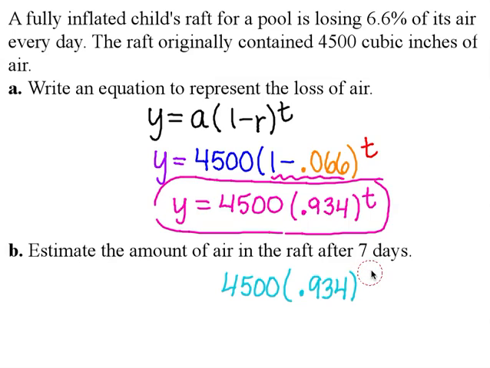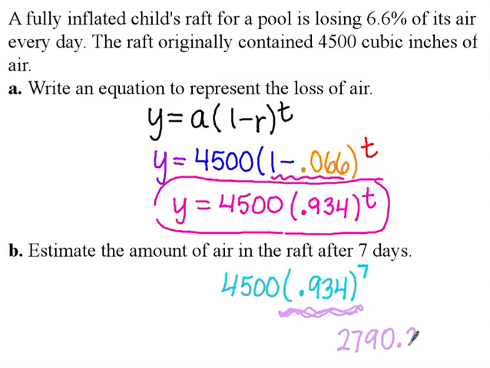I'll erase that. There we go, 7 here. What do you get when you multiply that out? You got 0.62. Did you take it times the 4,500?